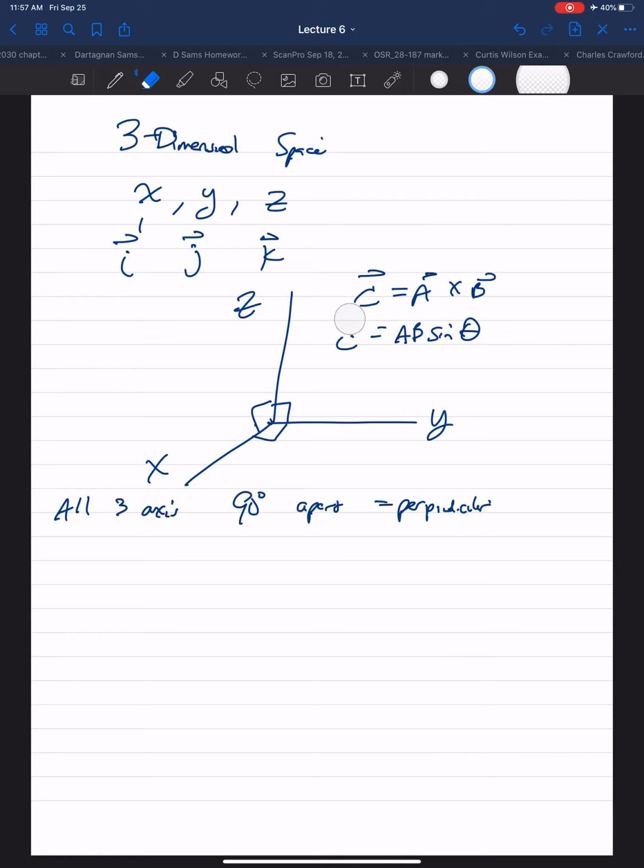Well, for our IJK unit vectors, with the X, Y, and Z axes all 90 degrees apart, theta being where their tails join, so this will be our unit vector J, unit vector I, unit vector K, where the tails are all 90 degrees apart. So then sine of 90 degrees is 1.